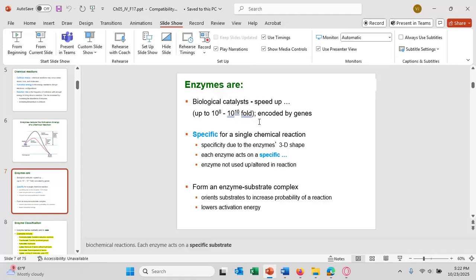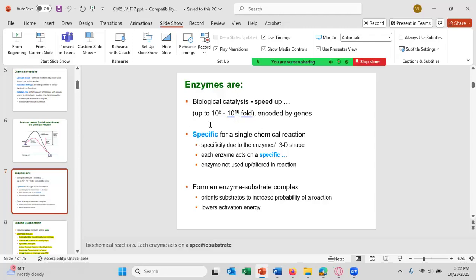Enzymes are specific for a single chemical reaction. That's not entirely true. As you know, there are some drugs which mimic the substrate, and then the drug can tie up the enzyme. But for our purposes, we'll make it a little bit oversimplified because most enzymes are pretty specific.